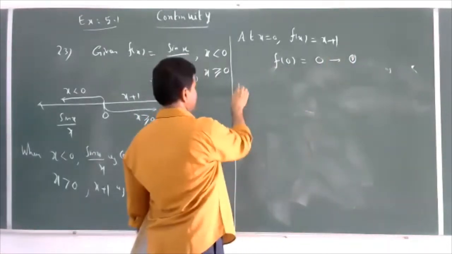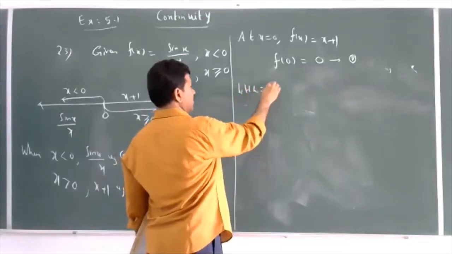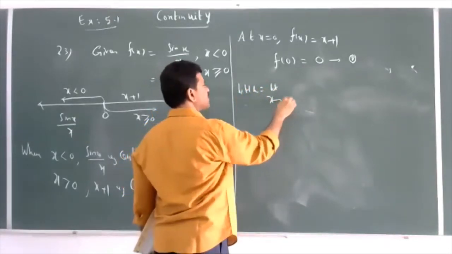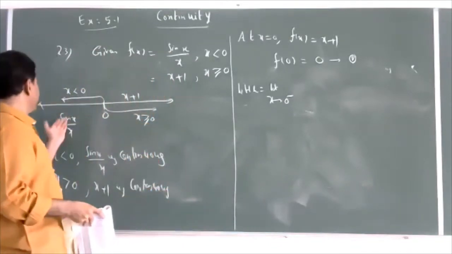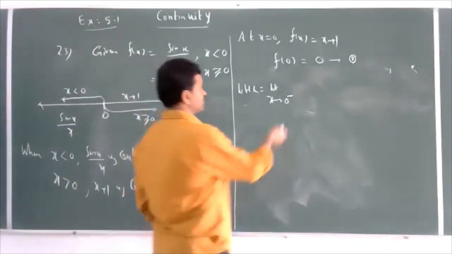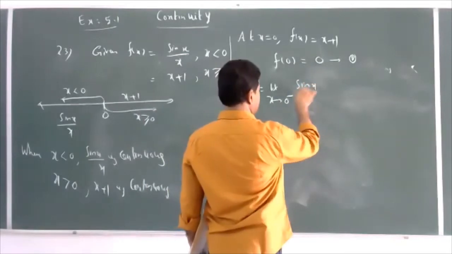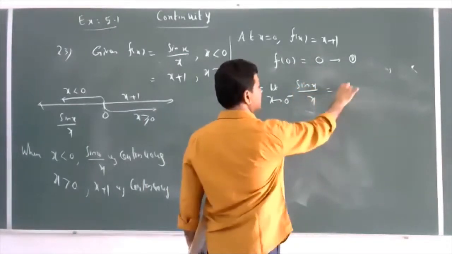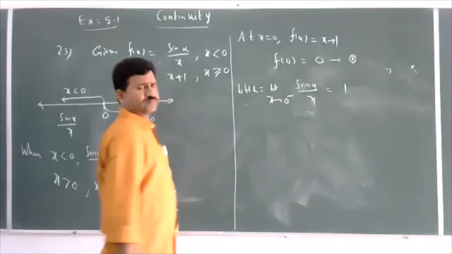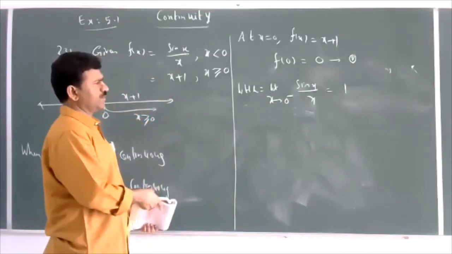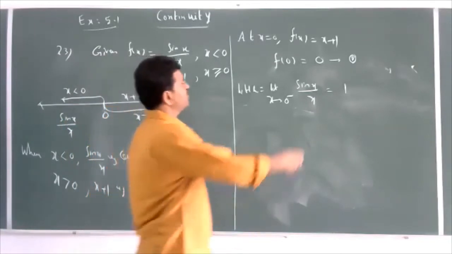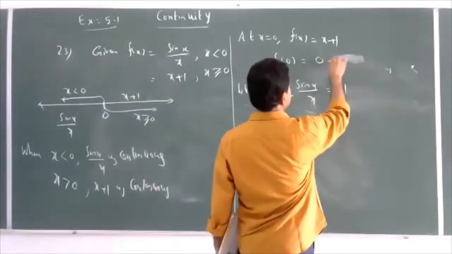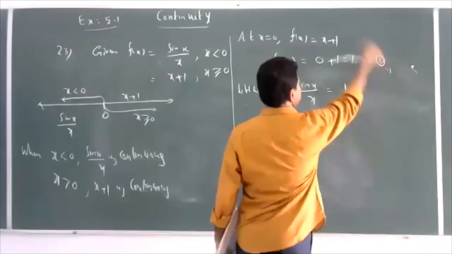Find the left limit, LHL: limit as x tends to 0 minus. The meaning of 0 minus is left of 0. Left of 0 the function is sin x by x. Limit as x tends to 0 of sin x by x is 1, by the standard theorem. F of 0 is 0 plus 1, equation 1.